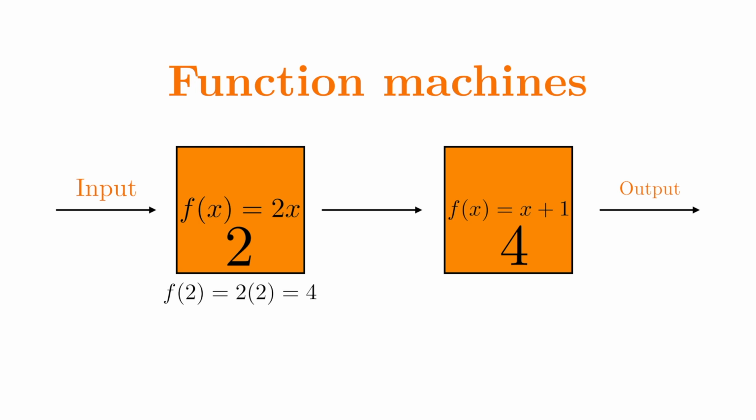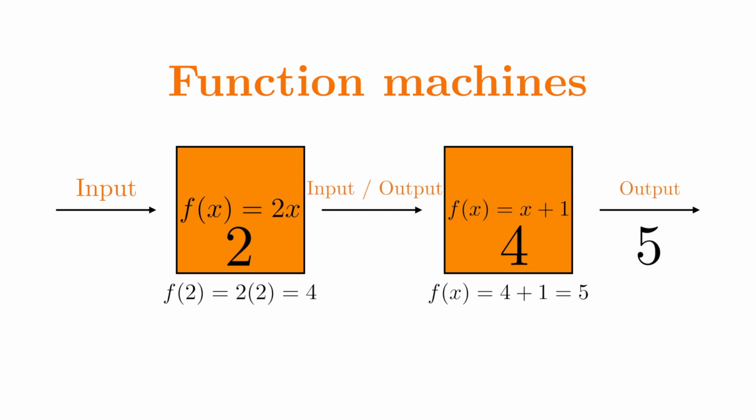Plugging in again, g of 4 is equal to 5, and we end with our ultimate output. All this makes up one function, the composite function, because here we see a series of functions starting from 2 and ending with 5, going through 2 functions, which make up the composite function.